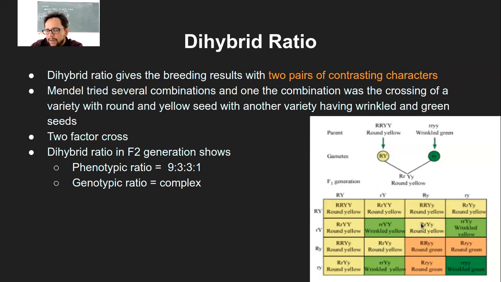So capital R and small r and capital Y and small y, again it is round and yellow. For example, this box, it is second row, second column. Both are small r, they are coming from these gametes, from those respective parents, and capital Y.